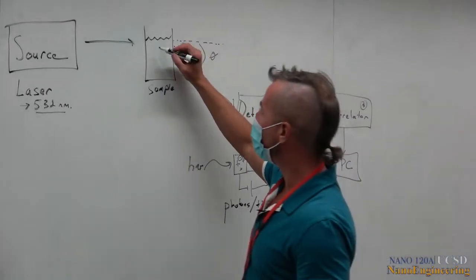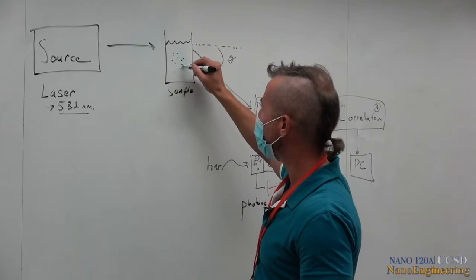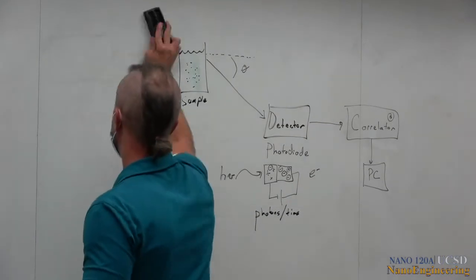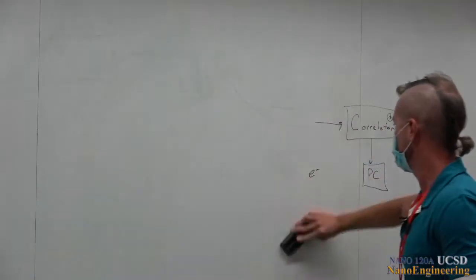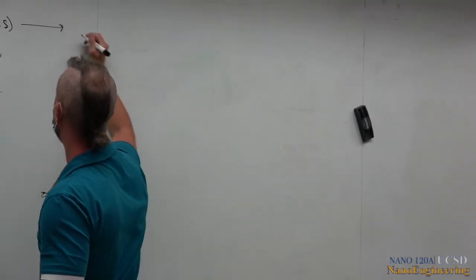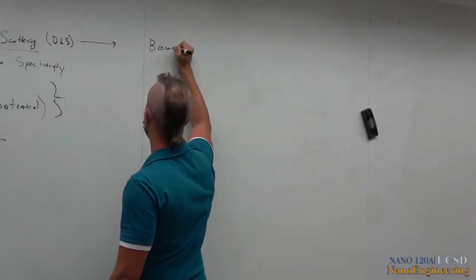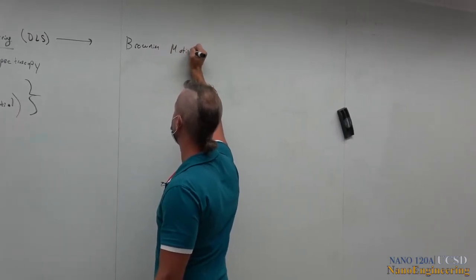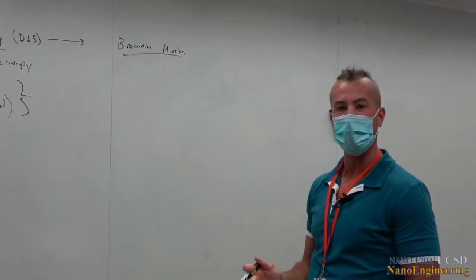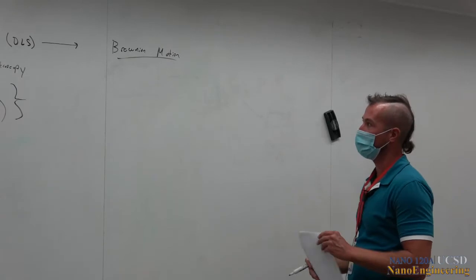So let's now talk a little bit about what's happening in our sample. DLS is based on Brownian motion. The people who first discovered this were actually studying things like pollen, and that's how Brownian motion was first identified.